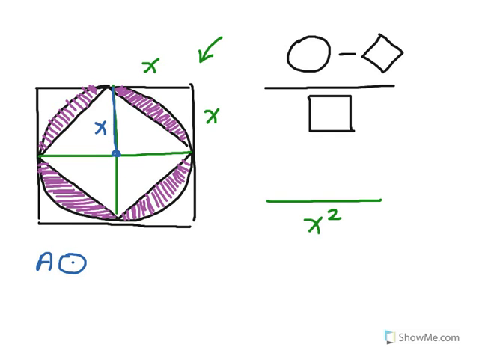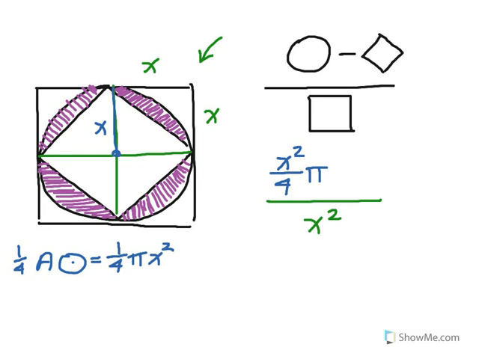It's like the side of that little square. So the area of the quarter circle, 1/4 of the area of the circle, is 1/4 times pi times the radius squared, which is x squared. So let's just call that x squared over 4 times pi.